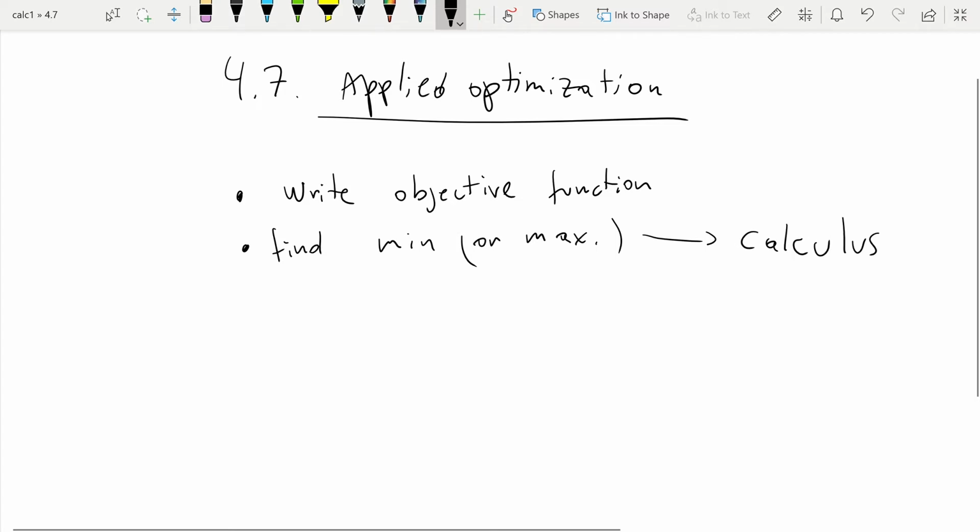So once you find a function, write down, identify the objective function.